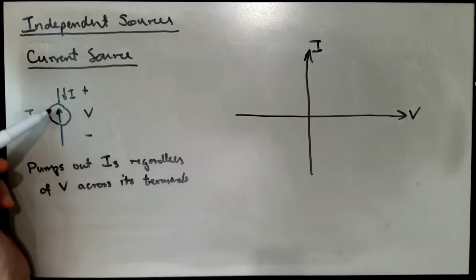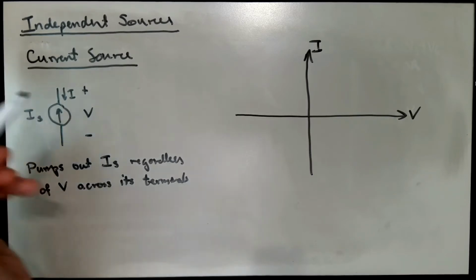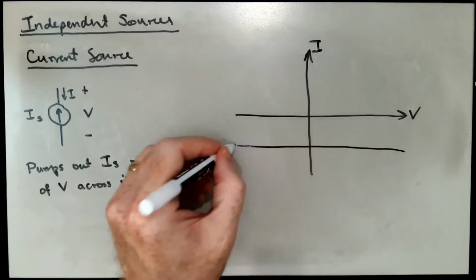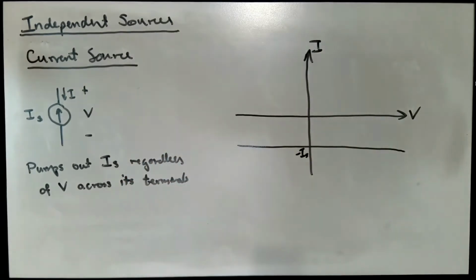Unfortunately, you can see that the I here, according to our sign convention, is going in the opposite direction to the way the arrow is pointing here. And so the actual IV plot, if Is were a positive number, would be down here at minus Is.